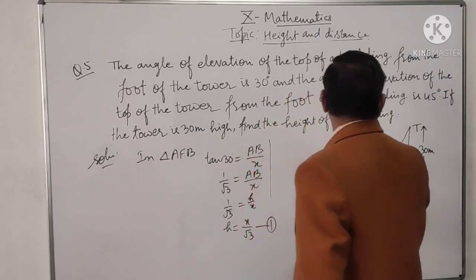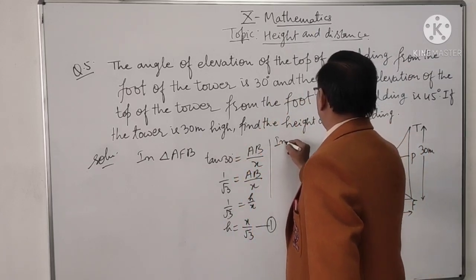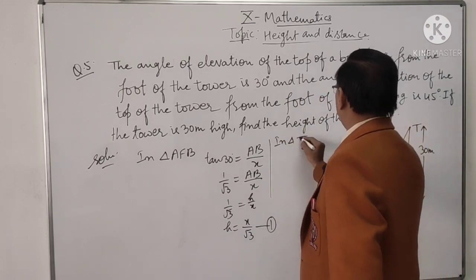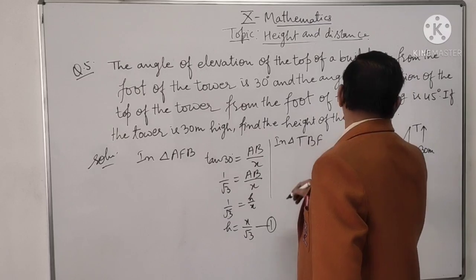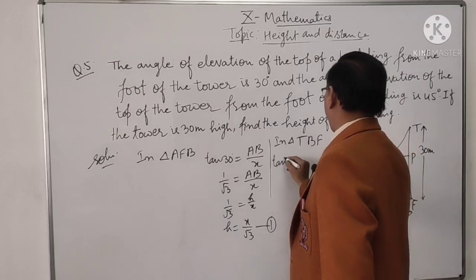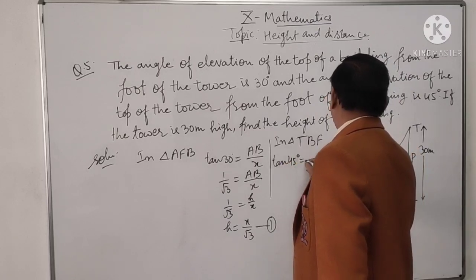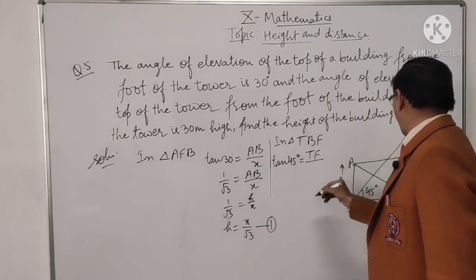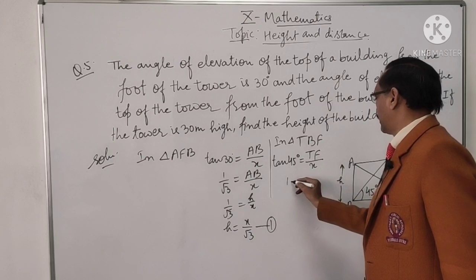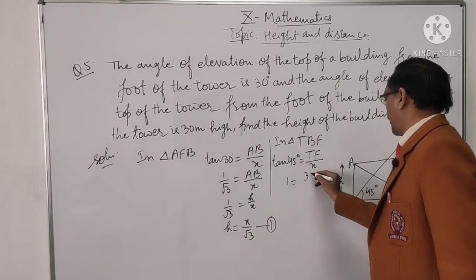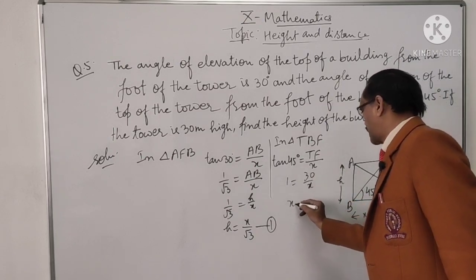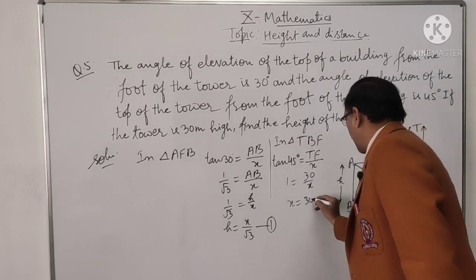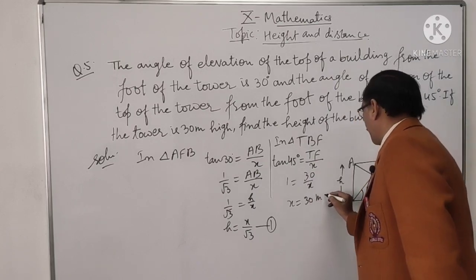Then in triangle TBF, tan 45 is equal to TF upon X. It is 1. TF is 30 upon X. So X equals 30 meters.